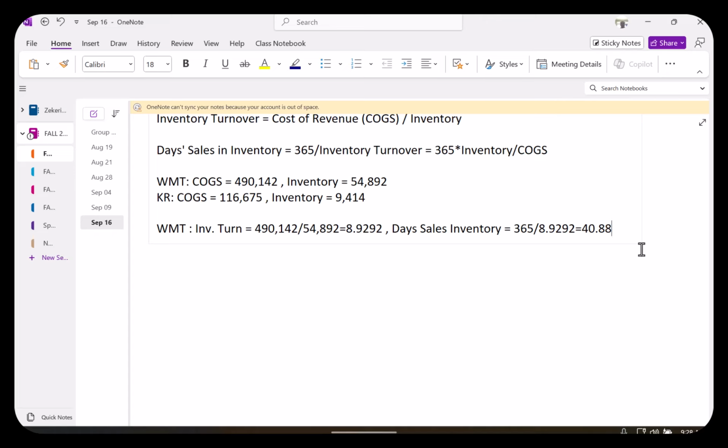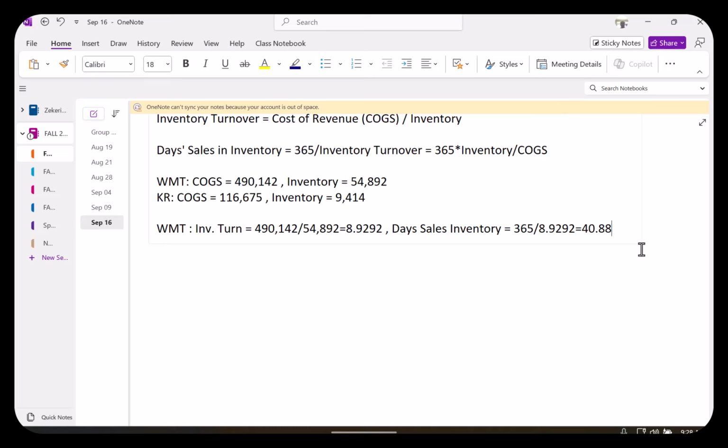I mean, normally, if you're doing this for analysis, you probably calculate these using quarterly numbers and average them, but for all purposes, it's good enough. It takes Walmart about 41 days to clear their inventory. Well, it depends on the kind of inventory you have, but sounds kind of long.